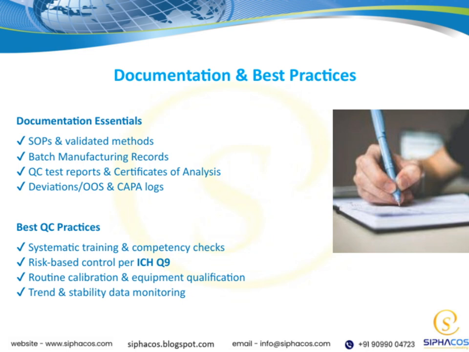Finally, monitoring trend and stability data is a proactive approach to detect potential issues early, ensuring our products remain safe, effective, and of high quality. These practices, when integrated into our daily routines, support a robust quality system that aligns with our overall goal of delivering safe and effective products.